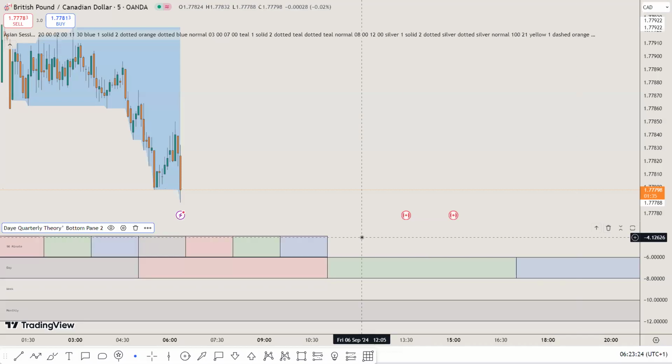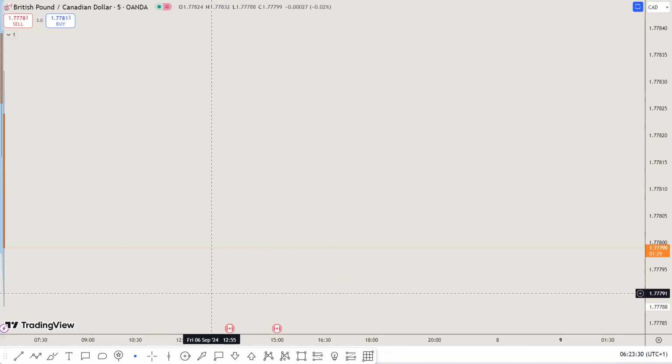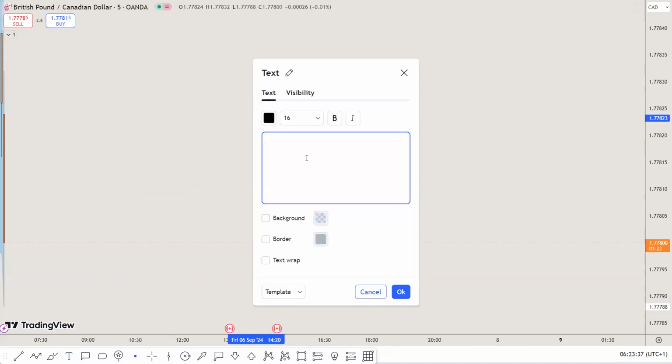So the quarterly theory is more like a concept, all right? So we have three concepts or four concepts. Let's just use the first three, which was originally the accumulation phase, manipulation phase, and distribution phase.